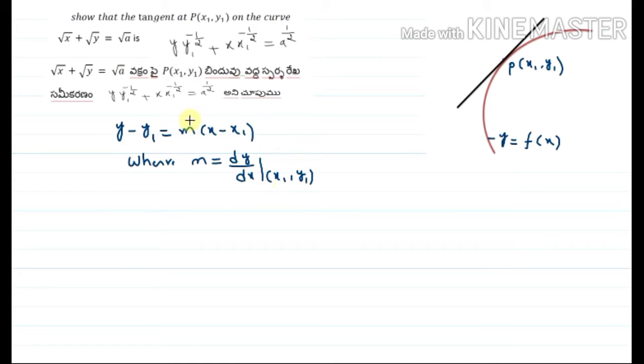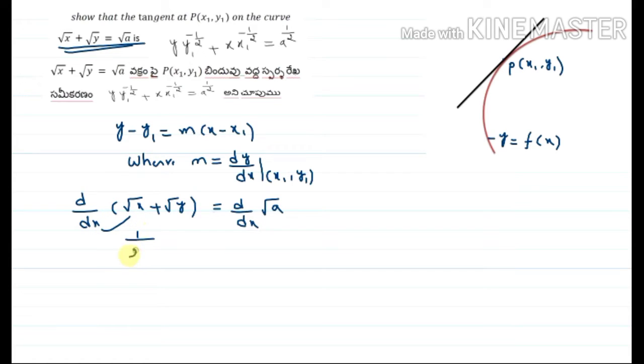So to get the m value, differentiate the given curve with respect to x both sides. d by dx of root x plus root y is equal to d by dx of root a. So the derivative of root x is 1 by 2 root x. Derivative of root y is 1 by 2 root y into dy by dx.